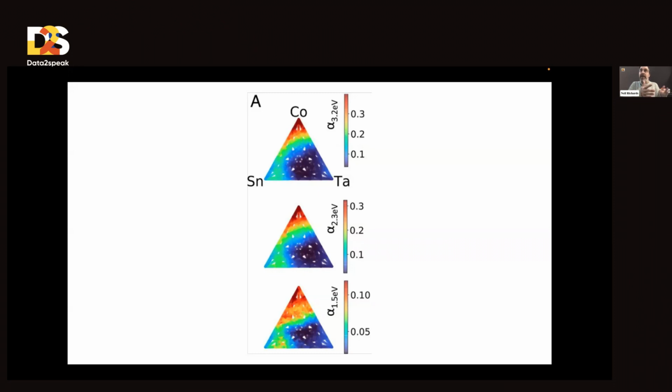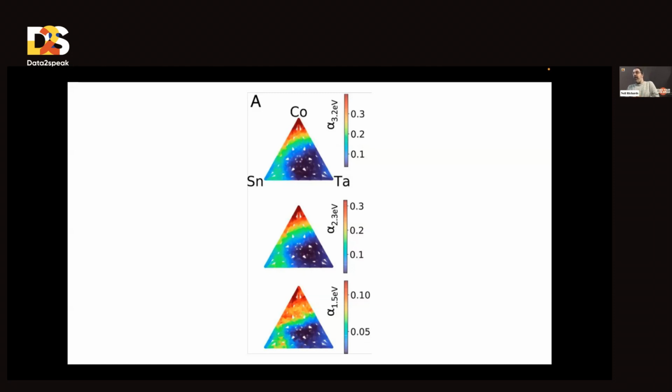I don't even know what that means, but a scientist would recognize this and would be able to interpret it nice and easily, and make their own recommendations based on the color changes between the different compositions.